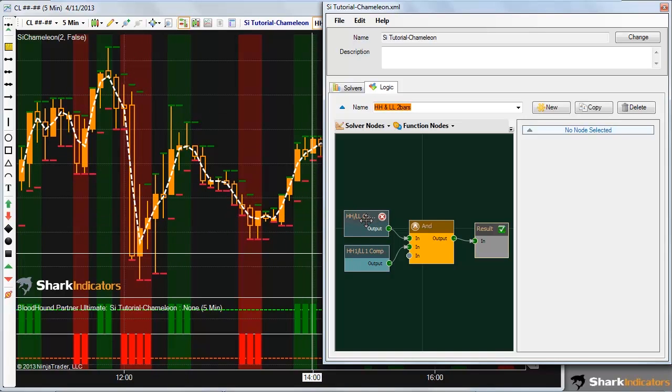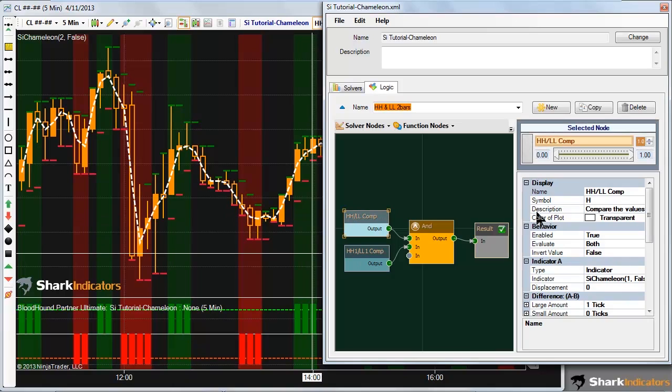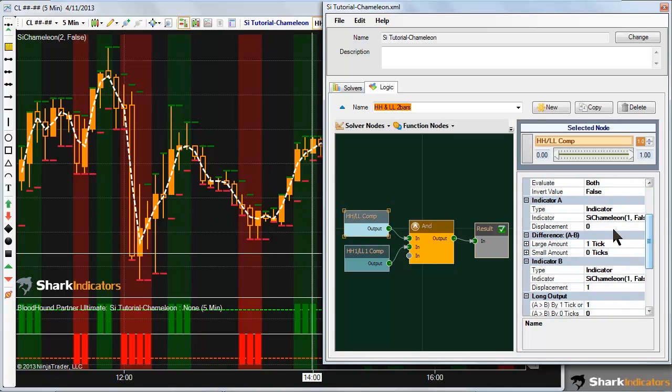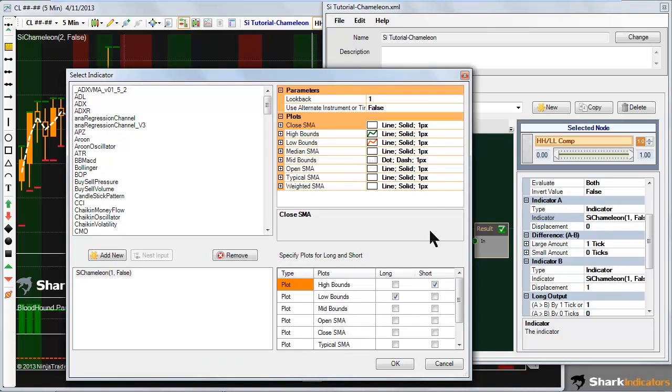Let me show you how I have this set up. I'm using the comparison solver, and you can see I have SI Chameleon as indicator A and indicator B. In indicator A, I'm using the high bounds for shorts and the low bounds for longs.